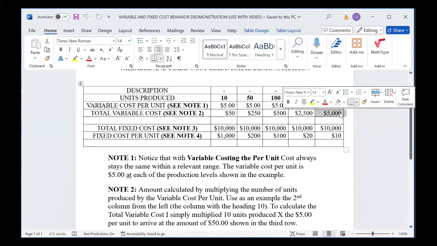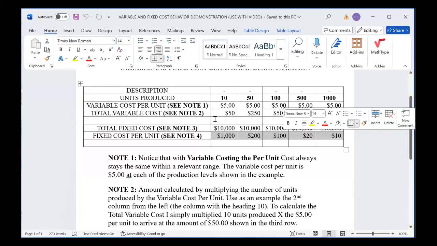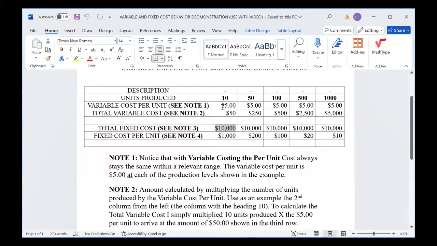Now, fixed cost works the exact opposite. Fixed cost total stays the same. It's always $10,000, but the per unit cost changes with production. So $10,000 divided by 10 units, each unit has to take up $1,000 in fixed cost.